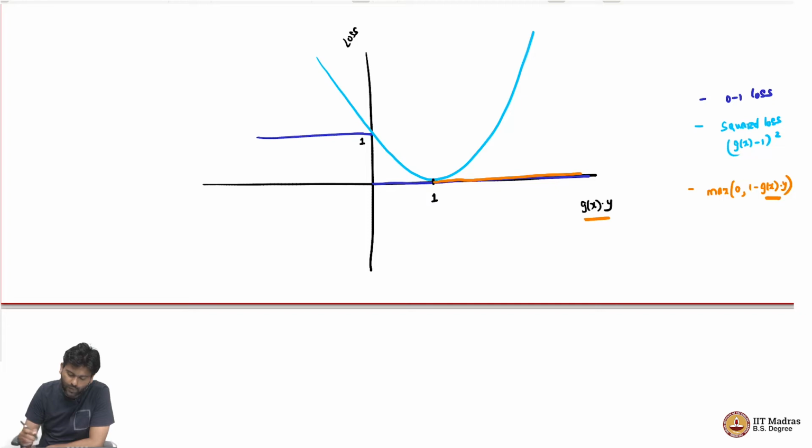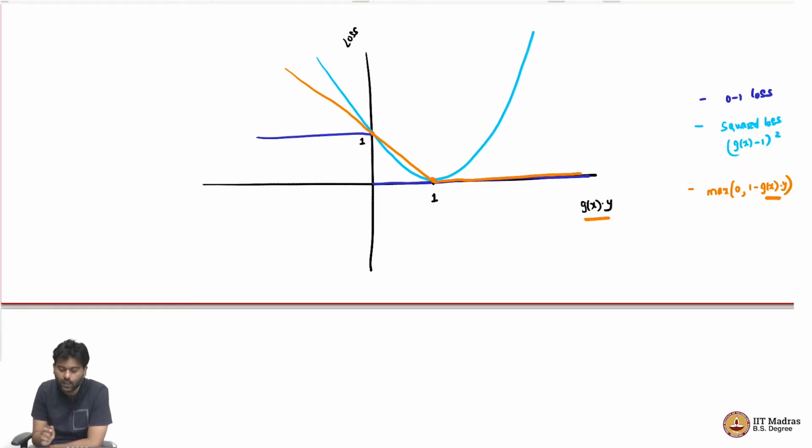It's going to look something like this: when g(x) times y is 0, this value will be 1, and at 1 this will be 0, and this will be a linear function. So, this is a line. Okay, maybe I should draw this carefully. Yeah, so this is a line, and at 1 it becomes 0, and then it continues to stay 0.